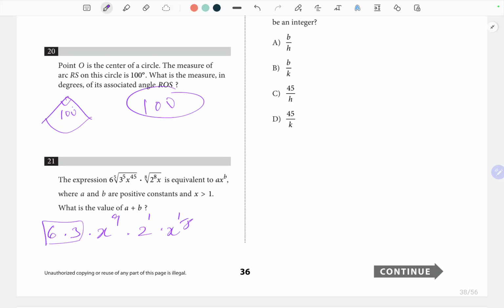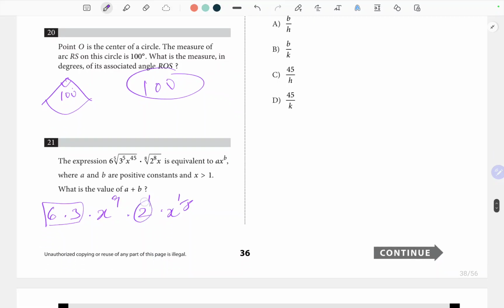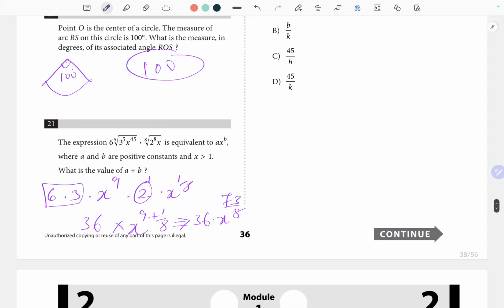So 6 times 3, that is 18, and 18 times 2, that is 36, and x to the power 9 plus 1 over 8. So I got 36 times x to the power 9 plus 1 over 8, which is 73 over 8. So this is a x to the power b.